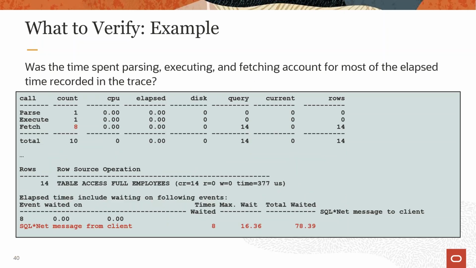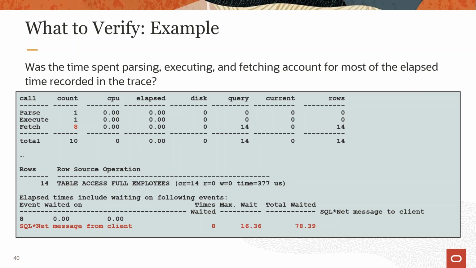Now what you also need to verify is, was the time spent on parsing, executing and fetching? Do those phases account for the most elapsed time recorded in the trace? Now, as you can see here, the total elapsed time of parsing, executing and fetching is indicated to be 0.